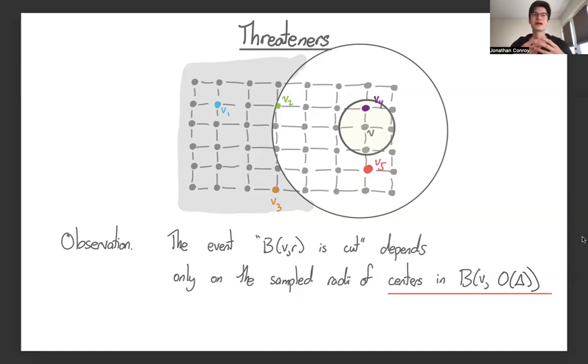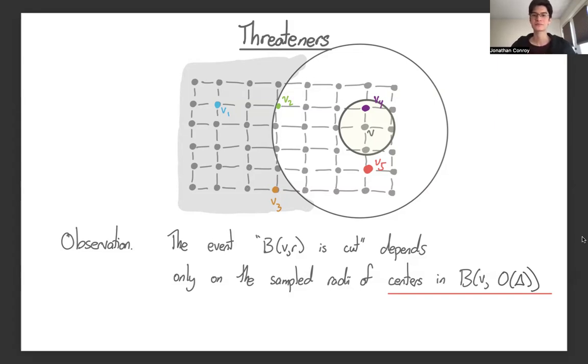Whether it's cut or not depends only on the sampled radii of centers close to v. It depends only on the sampled radii of centers within distance O of delta from v. The reason is that every cluster has diameter at most delta. So if a center is too far away, the cluster that grows around that center can never intersect our ball centered at v.